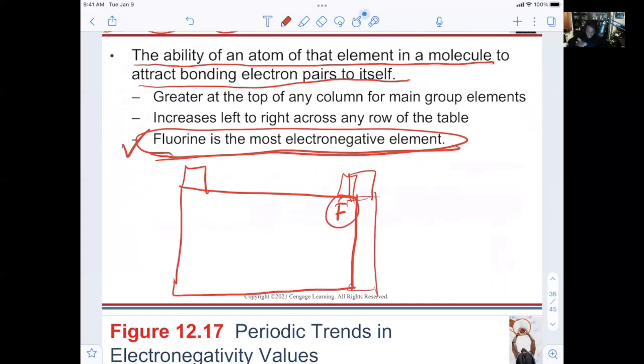What we see right here is, as you're going towards fluorine from left to right, you have increasing electronegativity.